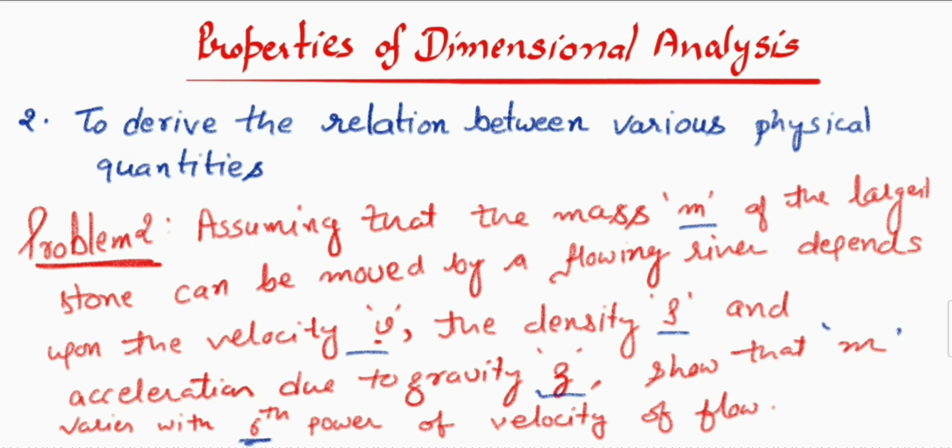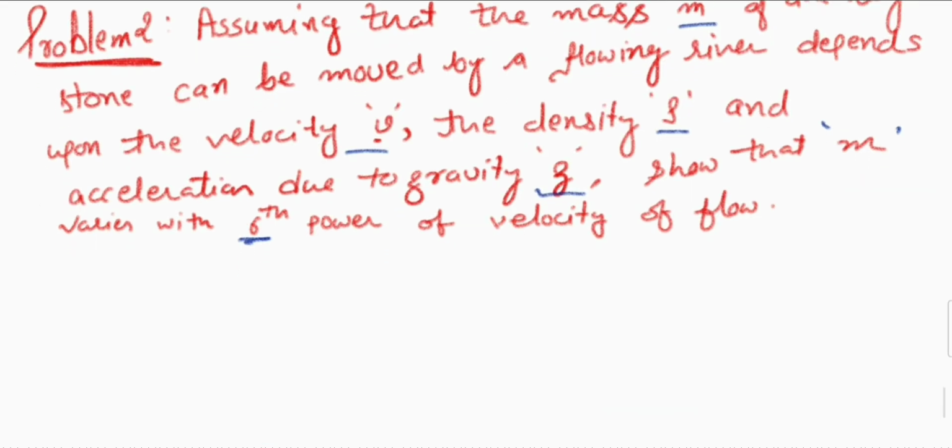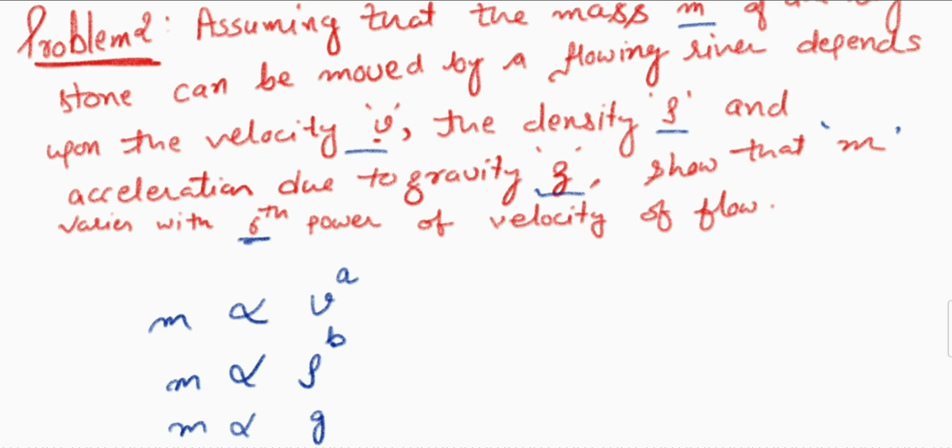So here it is given that the mass is directly proportional to the velocity, density and acceleration due to gravity. We have to prove that the mass m varies with the sixth power of the velocity, meaning m is directly proportional to v raised to power 6. So mass m is directly proportional to the velocity v raised to power a. m is directly proportional to density rho raised to power b. m is directly proportional to the acceleration due to gravity g raised to power c.